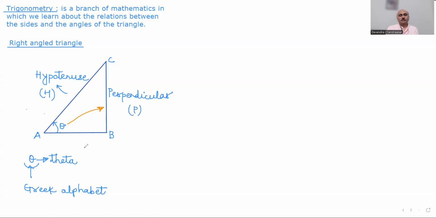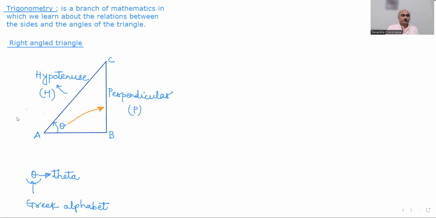And let's denote it as P. And the side which is next to this angle is called as base. And we denote it by B. After hypotenuse and perpendicular, you have named them.